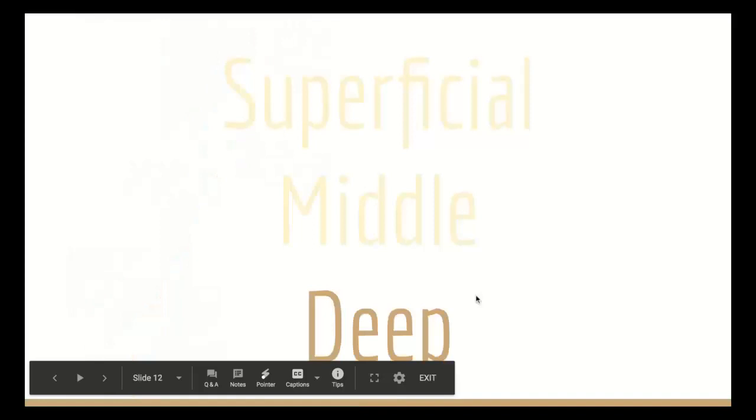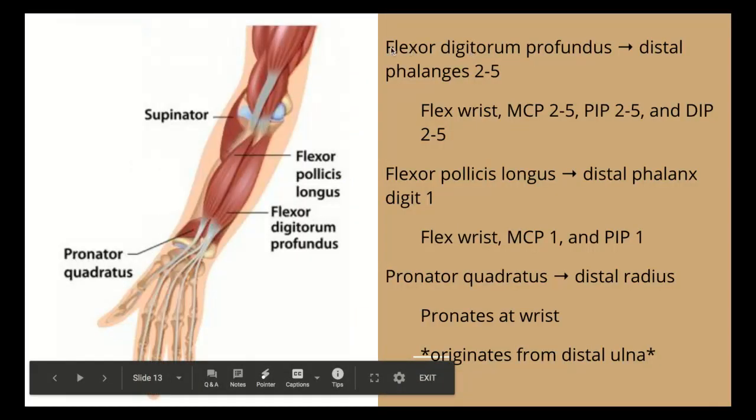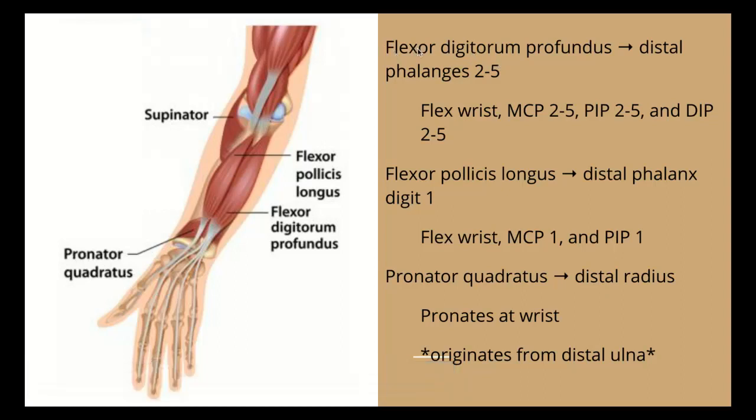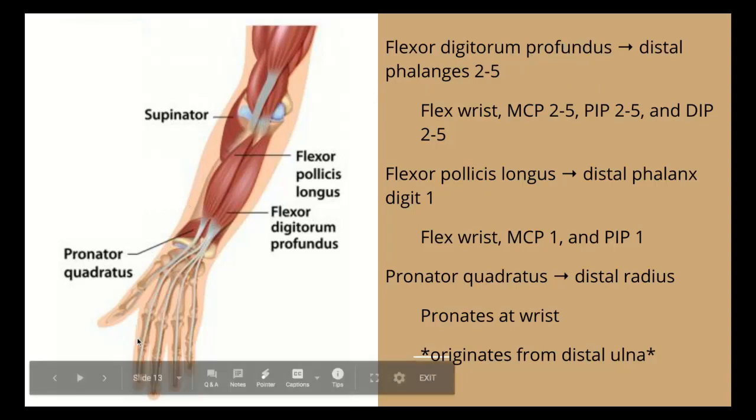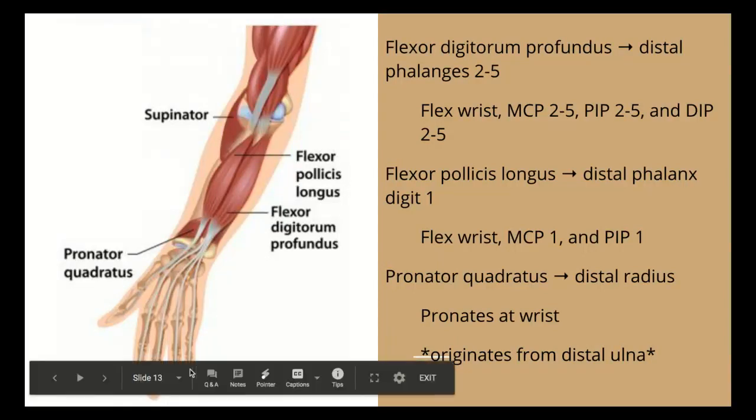All right, and then like I was saying, we'll move on to the deep compartment, and the deep has the friend of the flexor digitorum superficialis, and this one is the flexor digitorum profundus. And so the profundus, meaning deeper, is going to be inserting at the distal phalanges of 2 through 5. So remember distal, hopefully the little bar goes away, but the distal portion is right at the end of my cursor there, and it's going to be right through there. Okay, so that's the distal phalanges.